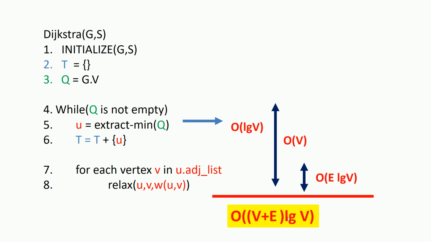But if we use the priority queue data structure, we have another problem to handle here. The priority queue implementation in the standard library will not dynamically update its data structure if the value is changed for an object already in the tree. So if we put all the elements into the priority queue at the beginning, none of these relax function calls will be able to update that data structure.